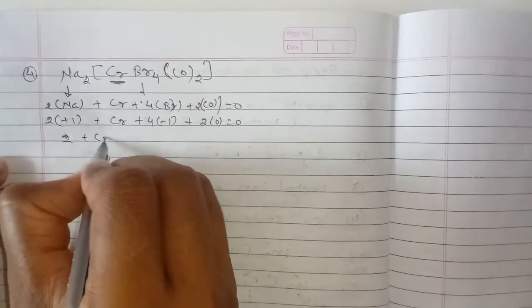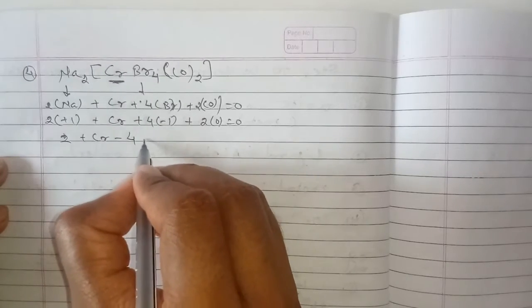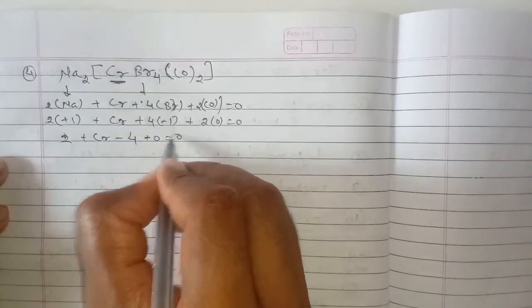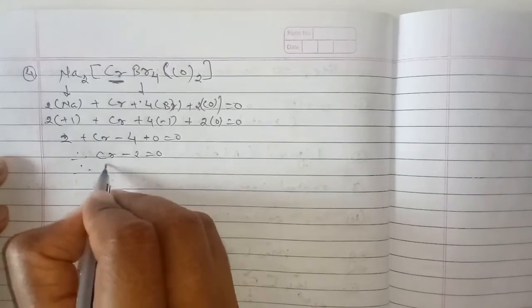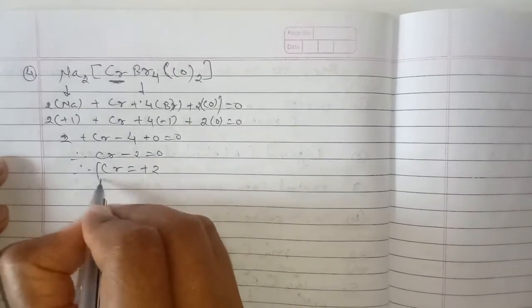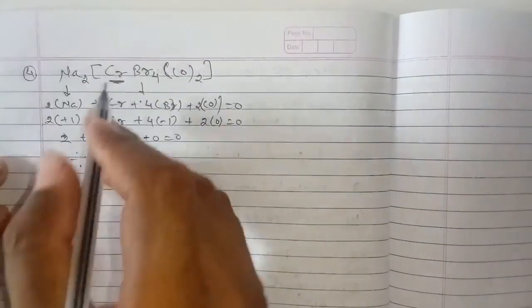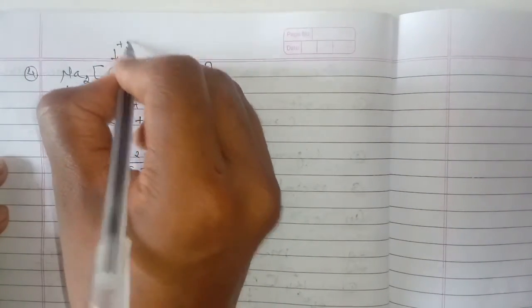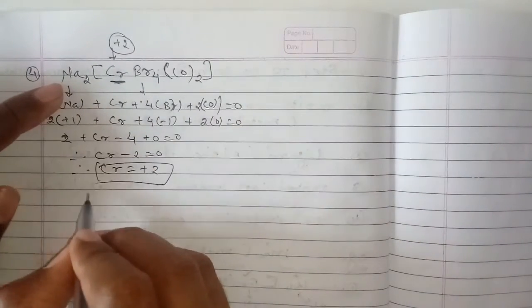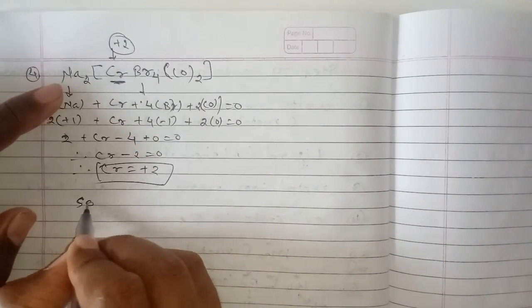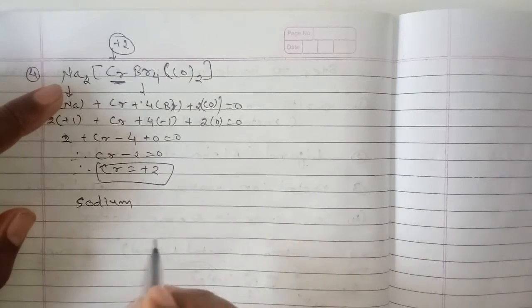Plus 2 plus Cr, 4 times -1, and for carbonyl the oxidation state is 0. Therefore Cr minus 2 equal to 0, therefore Cr equals plus 2. Its oxidation state is plus 2. Now its name: the metal's common name is sodium.